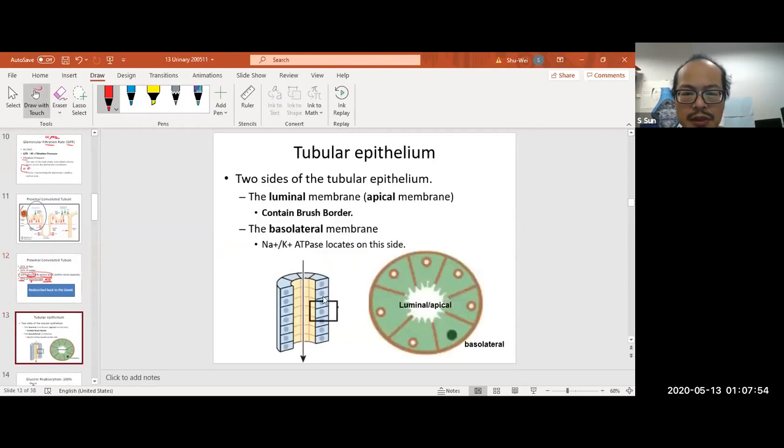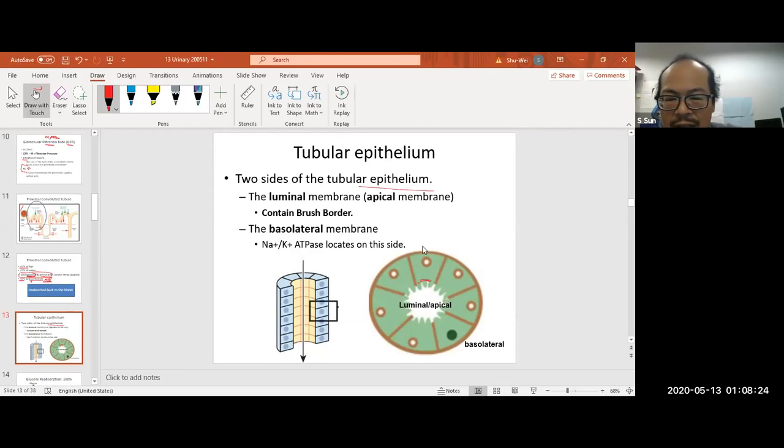This tubule is just an example, as we will see this kind of tubule throughout the entire nephron. This tubule, like this one here, is constructed by epithelium cells, called tubular epithelium. Each of these cells has two phases. One phase is the luminal or urine side.